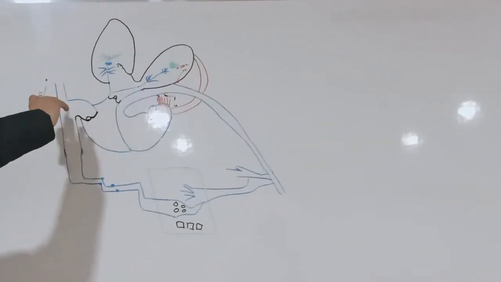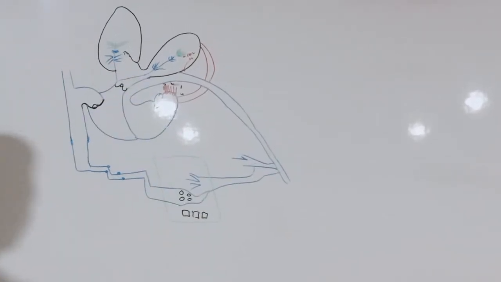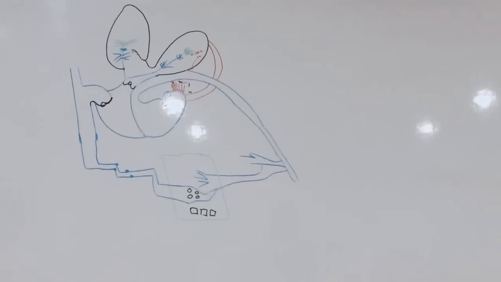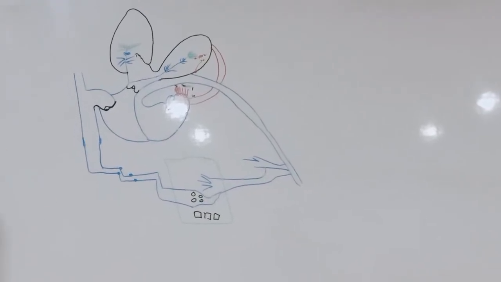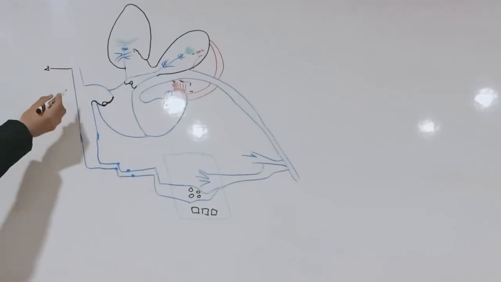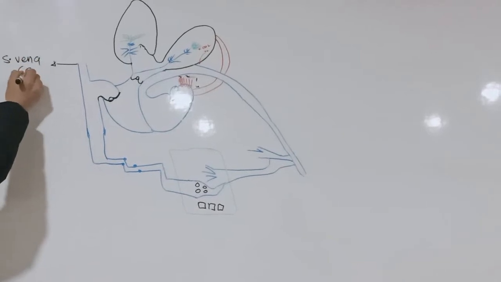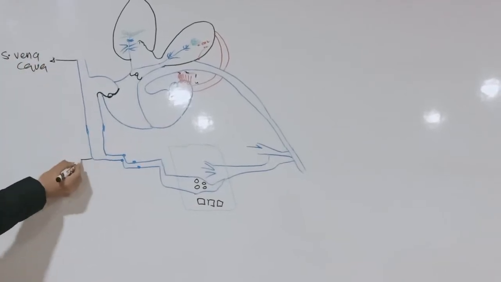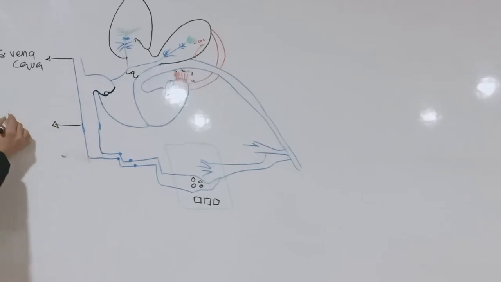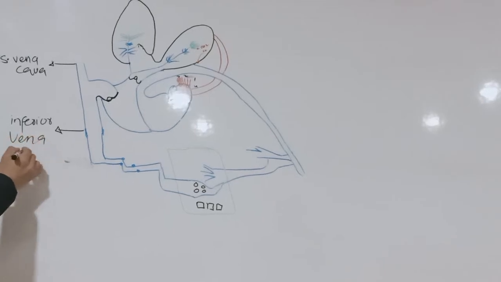Now, this is the whole cardiovascular diagram, showing how the blood flow mechanism occurs in this cardiovascular system. So, we also learn about the superior vena cava and this one, the inferior vena cava.